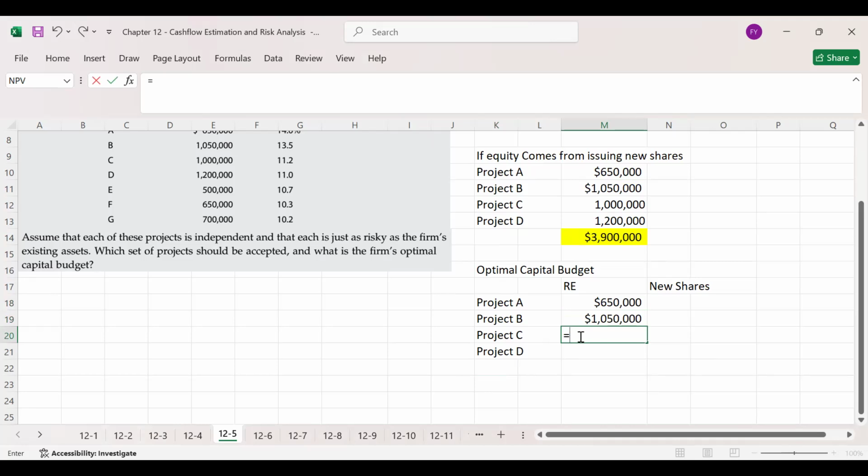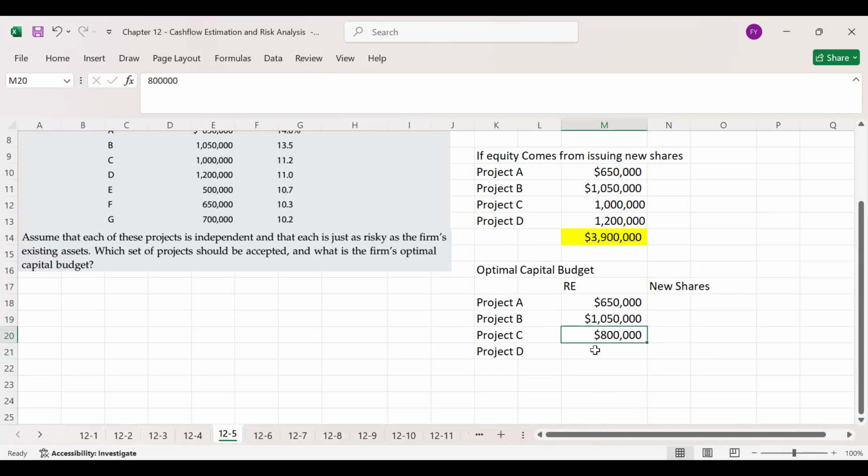By adding these two, it is just 1.7 million. So we deduct from 2.5 million, and the remaining fund is $800,000, because project C's total investment is 1 million.